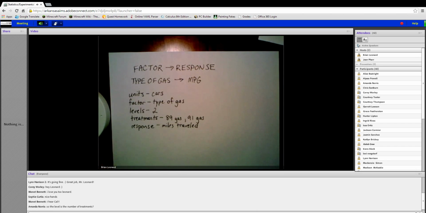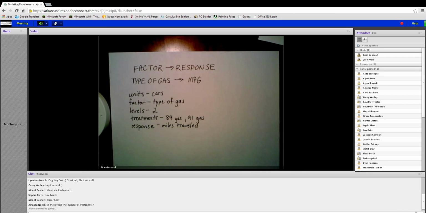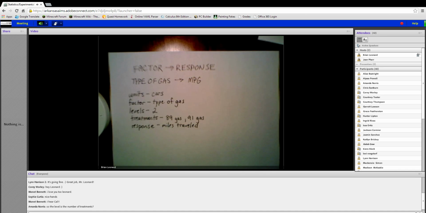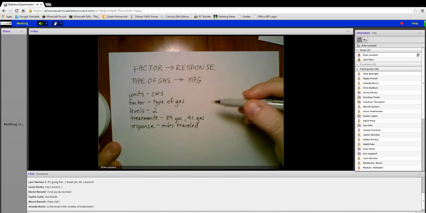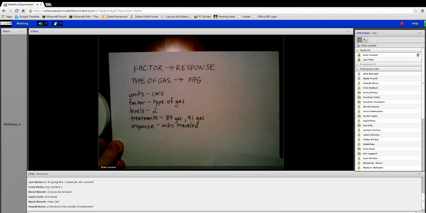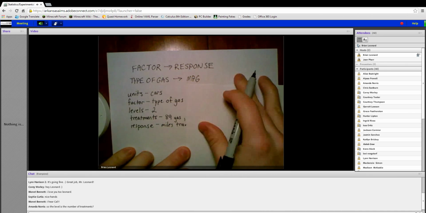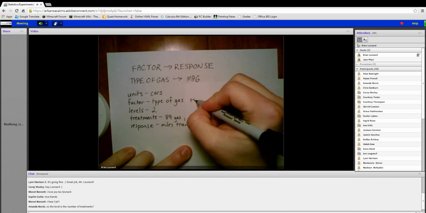Now, the question from Amanda down there: the level is the specific number of categories within the factor. If an experiment has 2 factors and 2 levels, let's just say, for argument's sake, I change this up, and I'm not only going to check for type of gas, but I'm also going to check for the type of car.